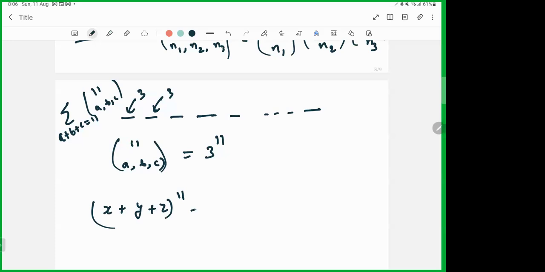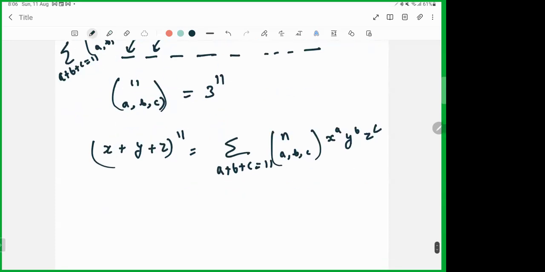Let's think in this way. Is this expression clear or not? If not clear, then I can explain it again. How did you get this?